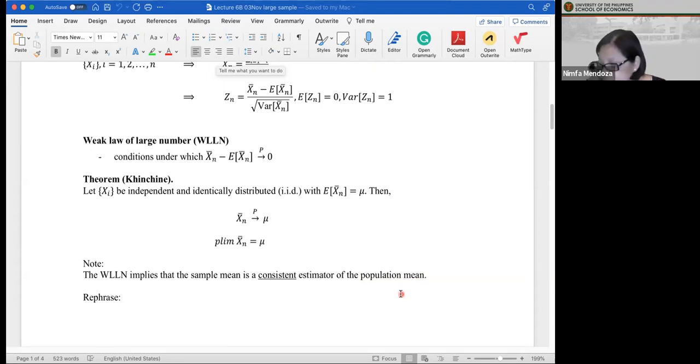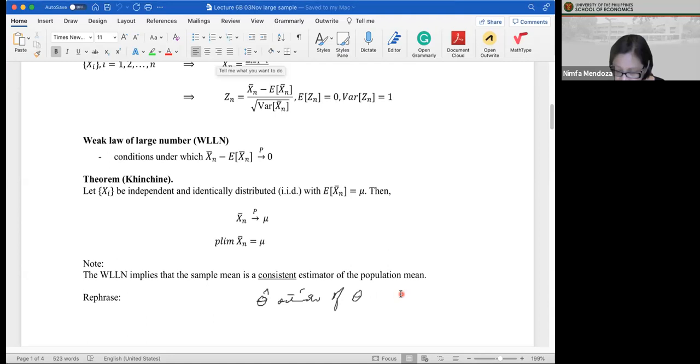I don't know if you had properties of estimators in your boot camp, but what do you mean by a consistent estimator? Let's say theta hat is an estimator of the population parameter theta.